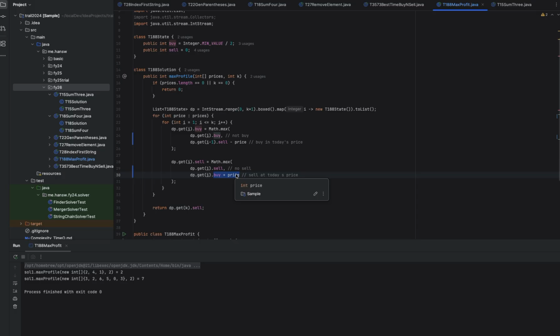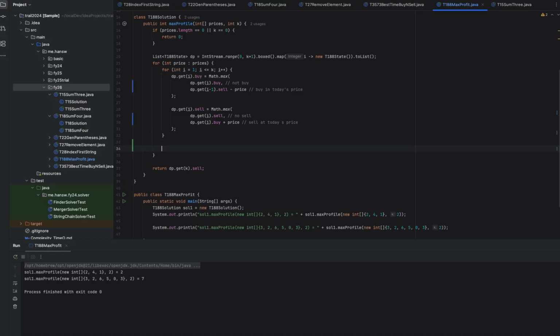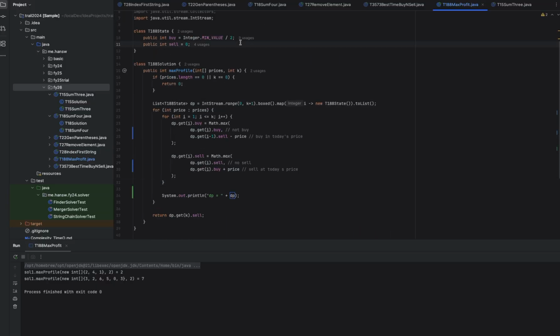That gives us the maximum profit. As a typical DP, this tells us the position. We could run this and see how it goes through the stock prices, and the DP would tell us more closely how the price impacts the states.